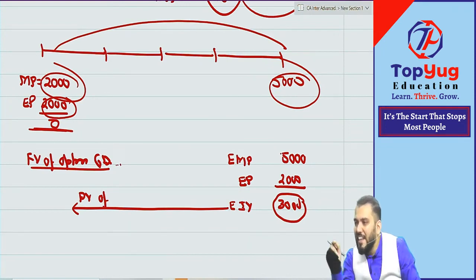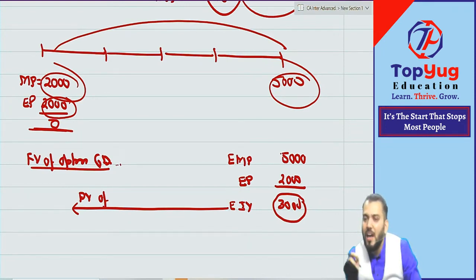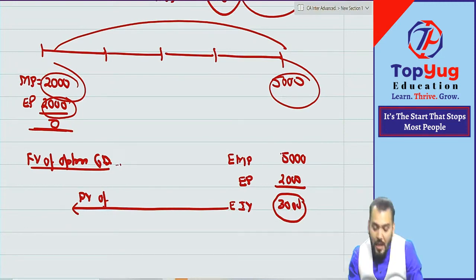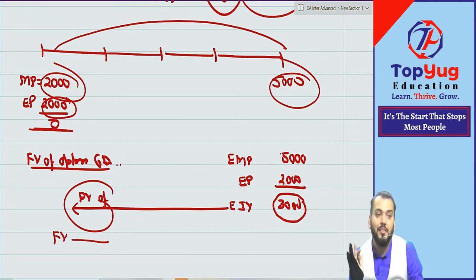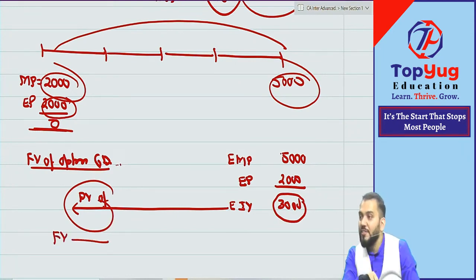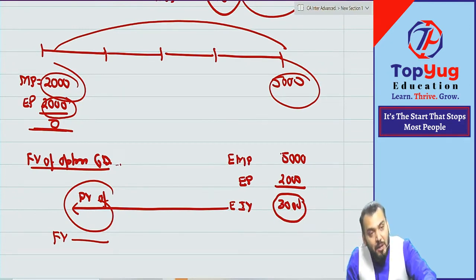Don't worry, in accounting exam they will not ask you to calculate fair value of option, they will give you the fair value of option, and this value will become fair value of option on grant day. Have you understood the concept? Fair value of option is more superior than intrinsic value of option, and therefore first preference should be given to fair value of option.